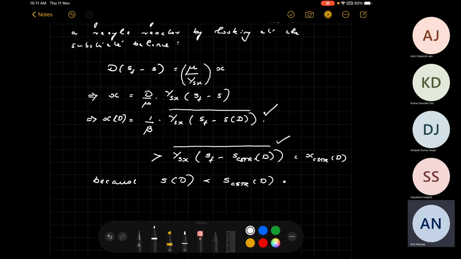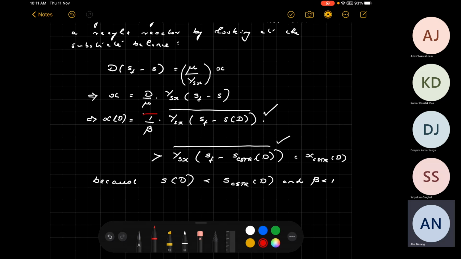But furthermore, since beta is less than 1, 1 over beta does a second job on it. It makes things even bigger. But by itself, YSX times (SF minus S of D) is bigger than YSX multiplied by (SF minus S CSTR of D), simply because S CSTR of D is actually bigger than S of D.